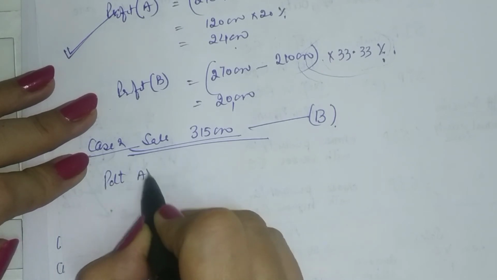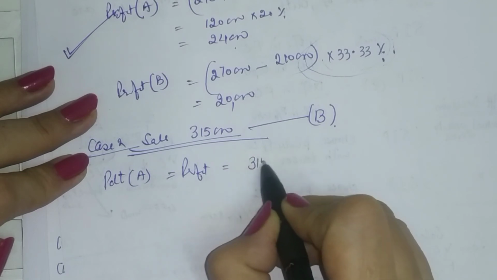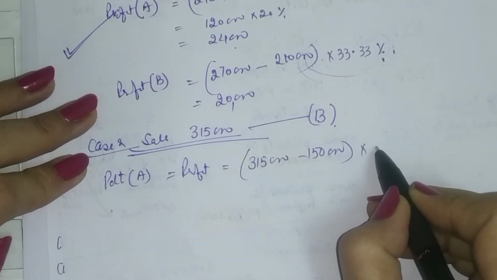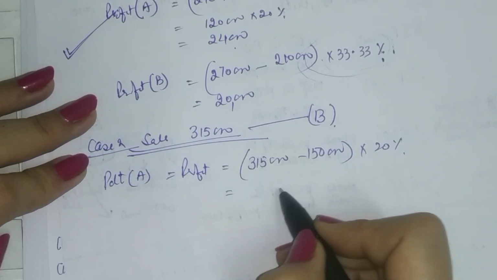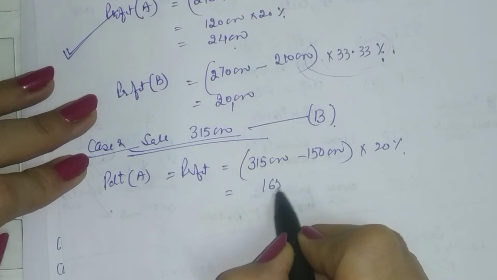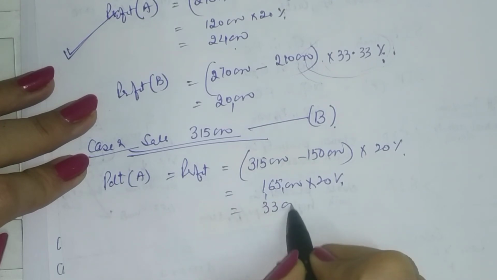So for product line A, profit is sale of 3,15,000 minus 1,50,000 into PV ratio 20%. This is our formula, 1/5 of this. So this gives you 33,000.